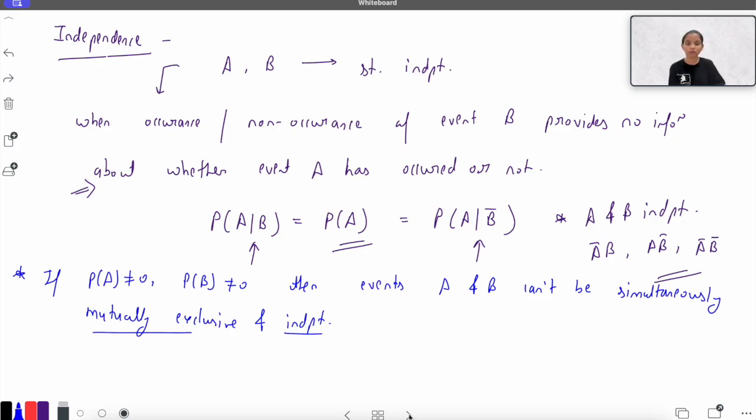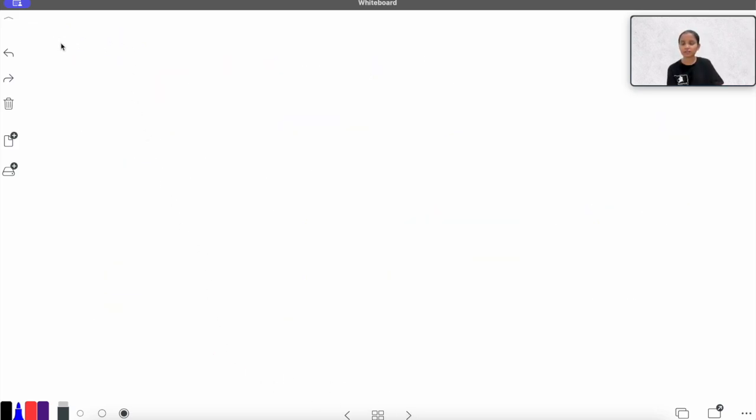To see this, let's consider the first scenario. Let A and B be two events which are mutually exclusive.